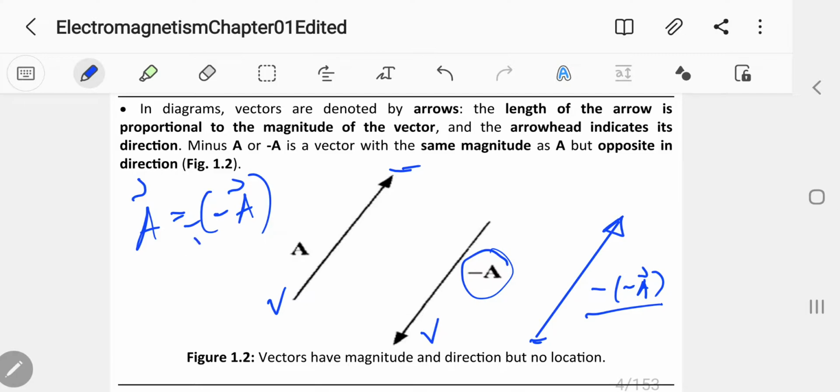It's just like ordinary multiplication: when you multiply a negative by a negative, it gives you a positive, or gives you back the original number.